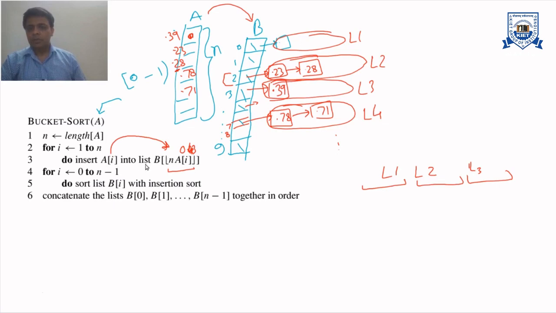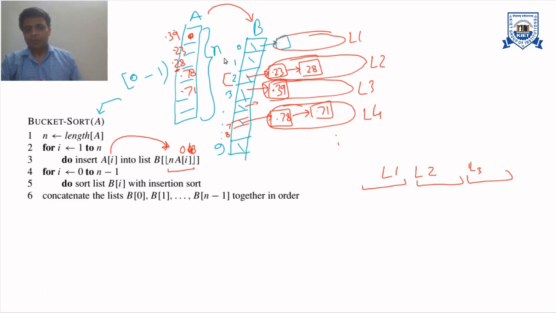So we initially assume that for n numbers in the list A, we create n buckets in terms of array B, and now pick an element from A and put it into the appropriate bucket of list B. Now it might happen that after putting all the data from A to B, some buckets are empty and some buckets have more than one data.